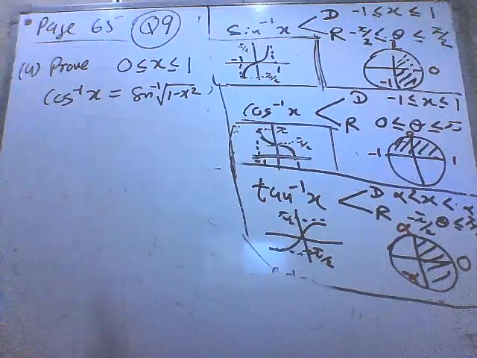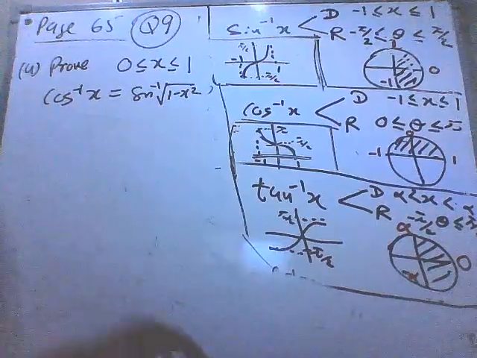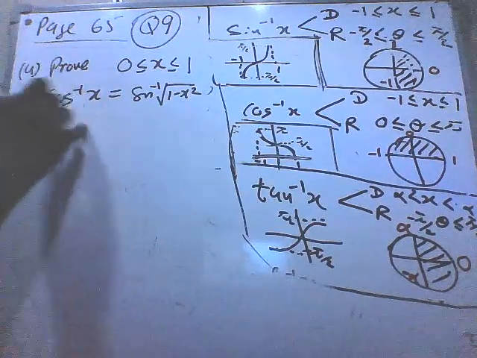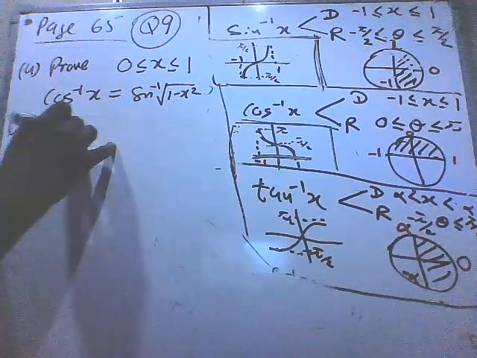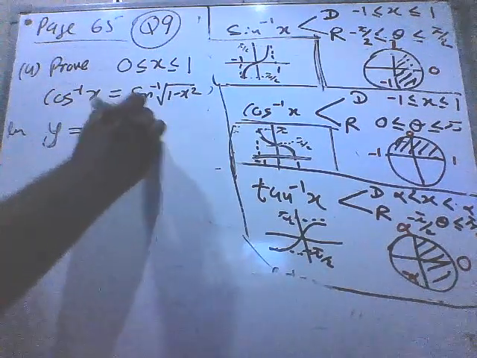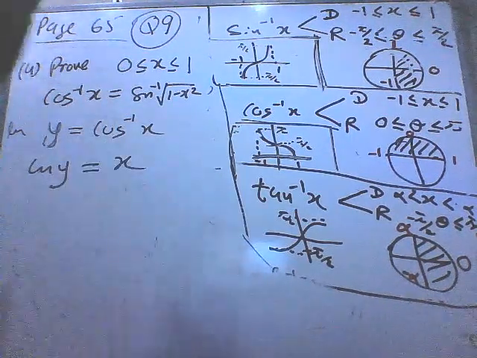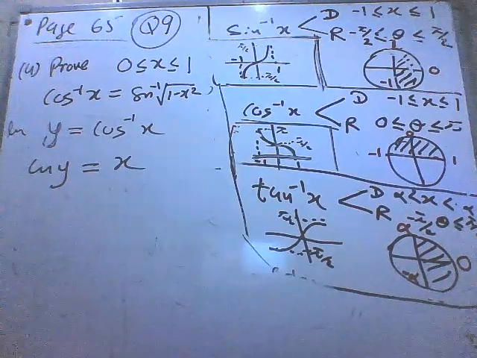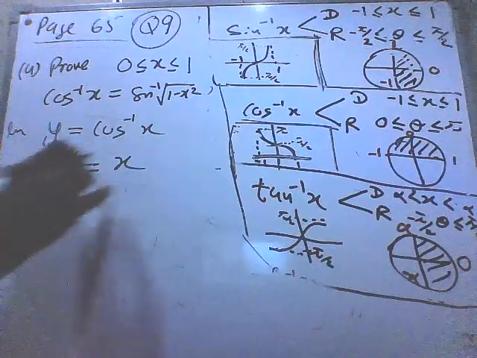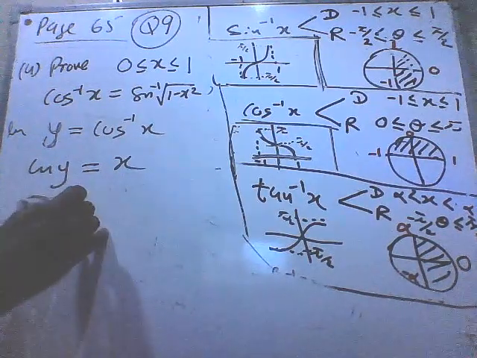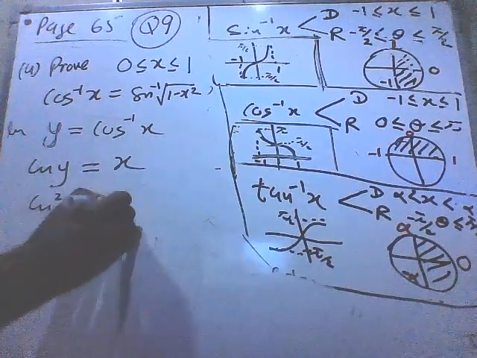Then we take cos inverse x, and say let y is equal to cos inverse x. Then we can say cos y is equal to x. Now we have to find sin y. So cos squared y is equal to x squared.